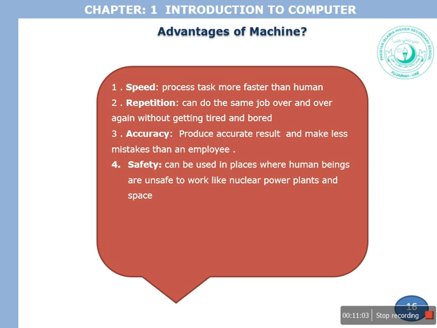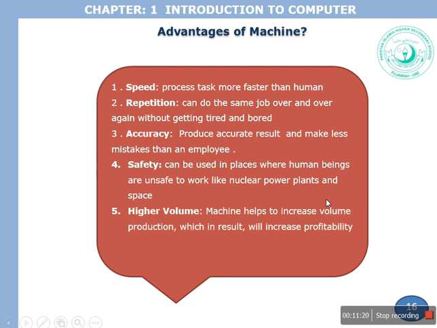In some places, especially in forests or other prohibited areas, machines also help us to collect data. For example, in nuclear power plants and in space, machines are still used to collect data. Machines also increase the volume of production, which means that if a human being can solve, for example, 3 problems per day, a machine can solve millions of problems per day.